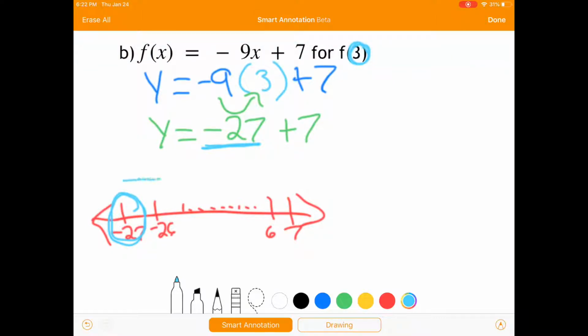You know you have to go to the right to get to that 7, so you know it's a plus. You want to know how many units you have to go, and you can count it if you don't know how to do it in the calculator or in your head. But negative 27 plus 7 gives you negative 20.